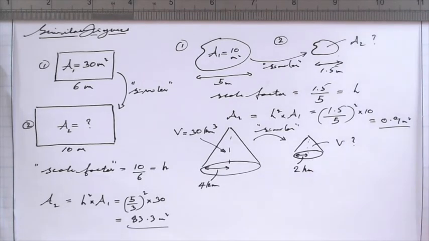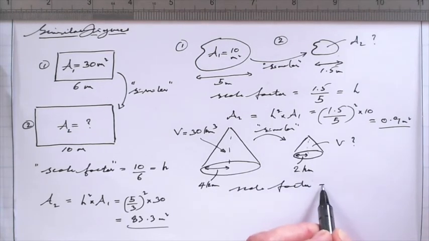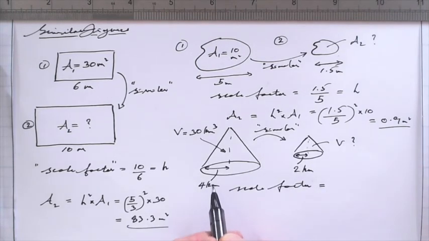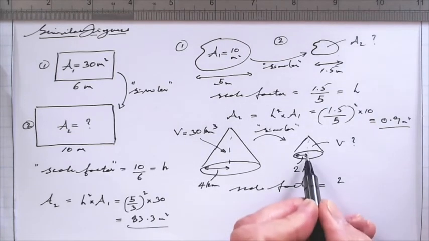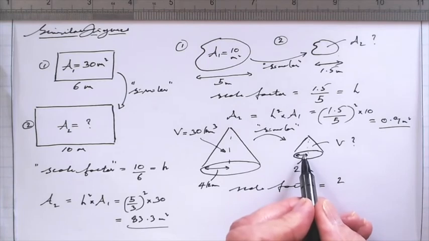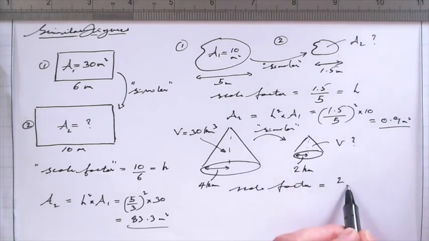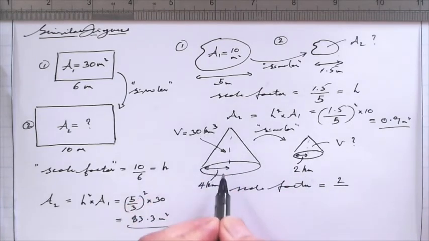All right, so we calculate the scale factor, and scale factor is the new length scale, the length scale of the figure that we want to calculate something of, divided by the length scale of the figure where we're given information.